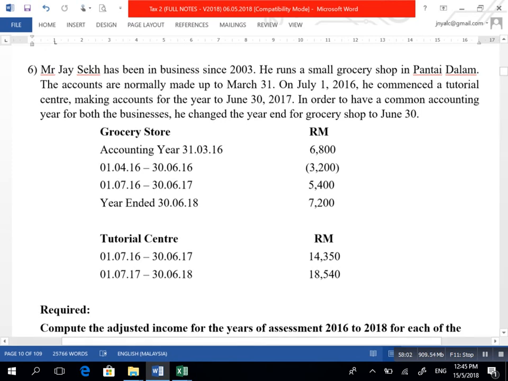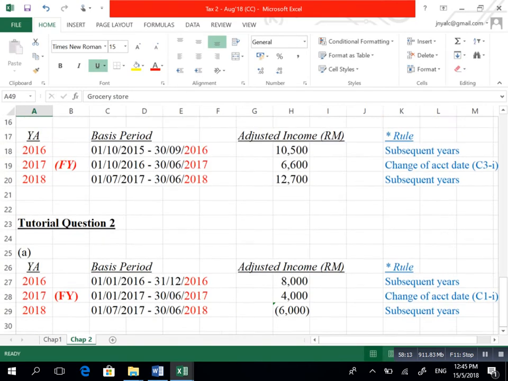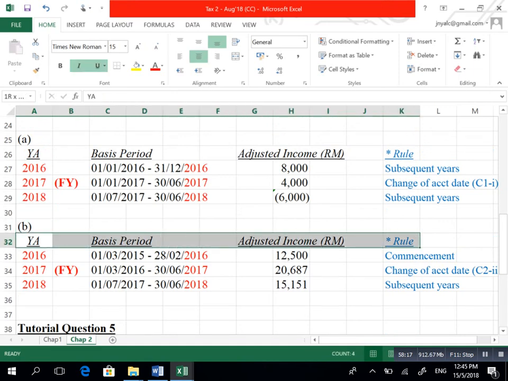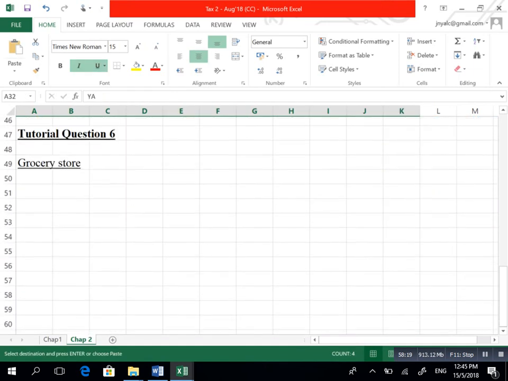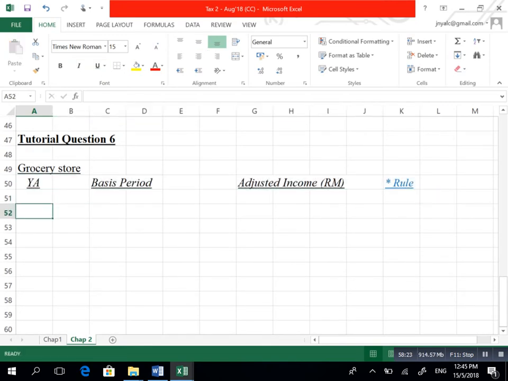That one we do it later. Right, and now we need to compute the adjusted income for 2016 to 18, yeah?